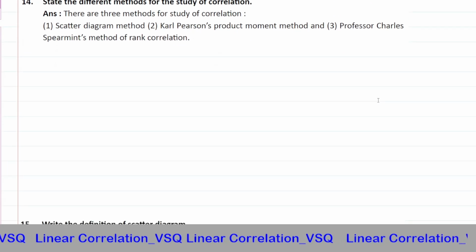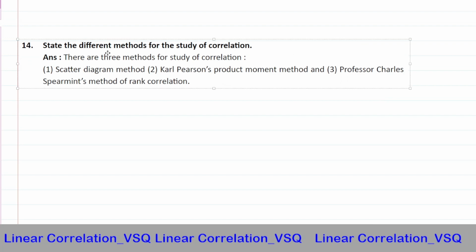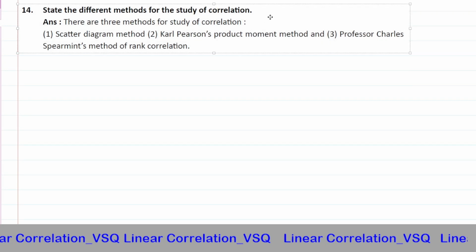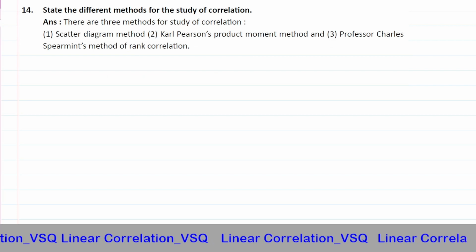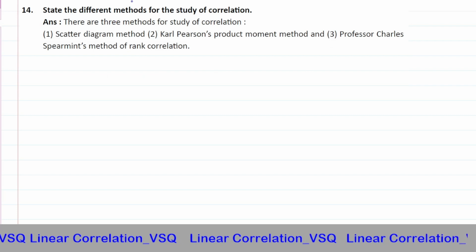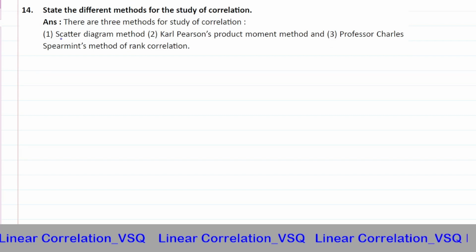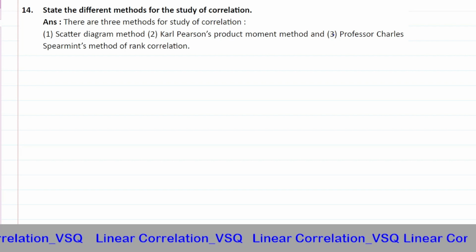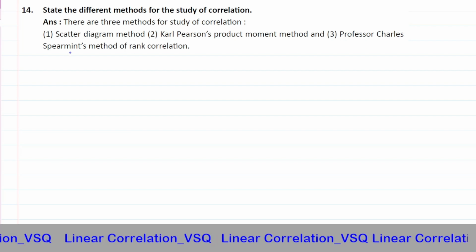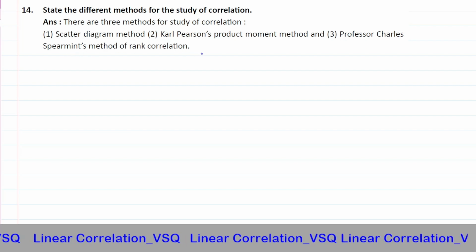Question number 14. State the different methods of studying correlation. There are three methods of studying correlation: scatter diagram method, Karl Pearson's product moment method, and Professor Charles Spearman's method of rank correlation.